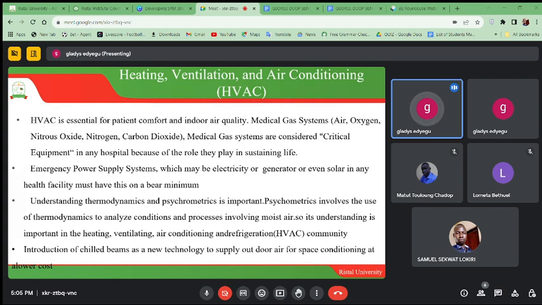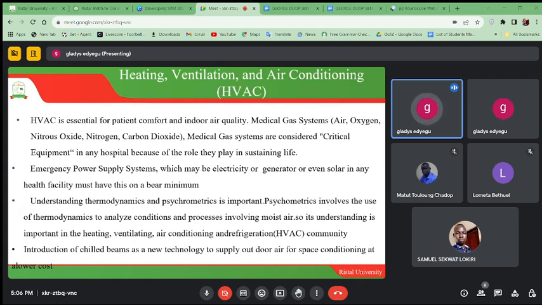So HVAC is very key in our service delivery, and is a system which controls very many machines in the hospitals. Some of these can be the autoclaves, which help us in infection prevention, because we use them for sterilization. When we sterilize our equipment, it becomes free from microorganisms, and we are able to control infections.